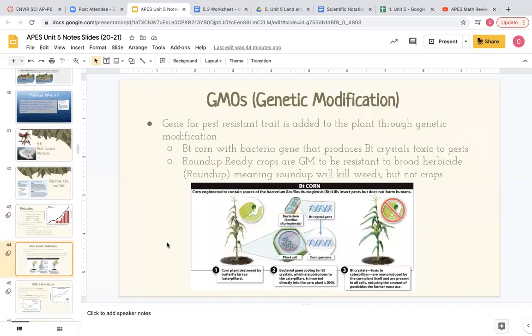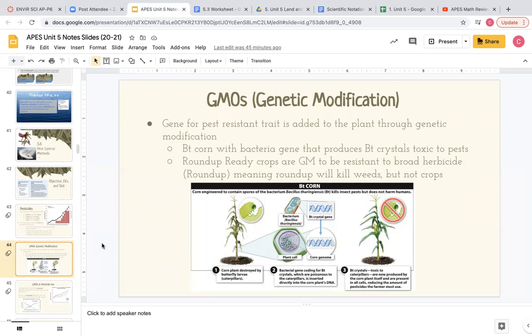And then, so GMOs, remember we talked about the genetically modified organisms. GMOs can be used to make plants resistant to certain pests. So a gene for a pest resistant trait is added to the plant through genetic modification.